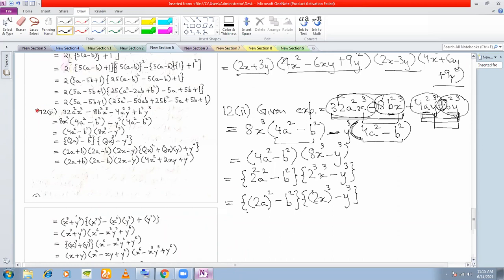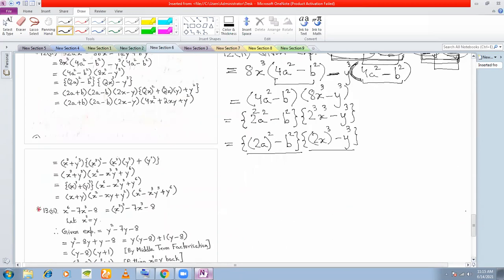So the first one, this one is the difference of 2 squares, and this one is the difference of 2 cubes, a cube minus b cube form. So this one I will break up as 2a plus b, and this one I'll break up as 2a minus b. Okay, so 2a square minus b square is a plus b into a minus b. And this next one here is a cube minus b cube form.